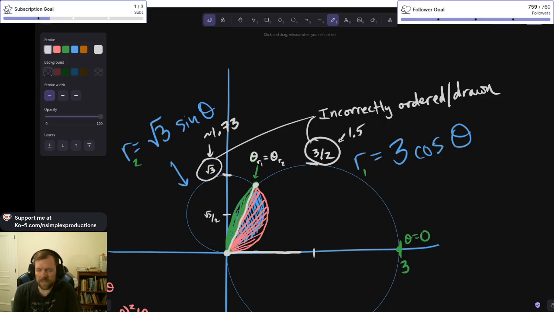Okay. So from here, we want to know when do we get the same coordinates? So there's a few ways to go about it. Let's think about it. How do we actually do this?